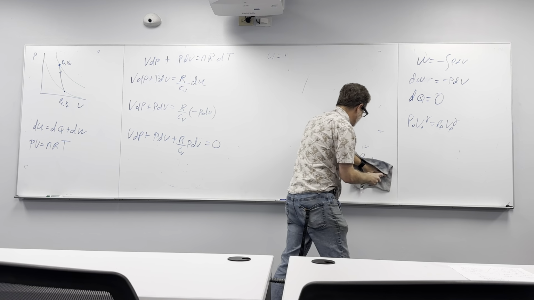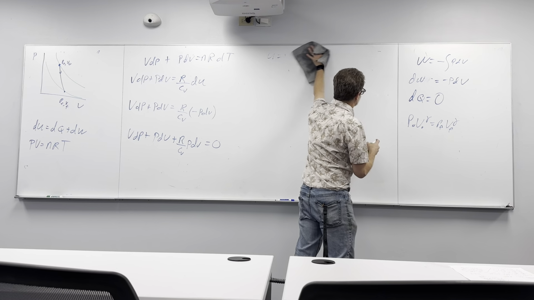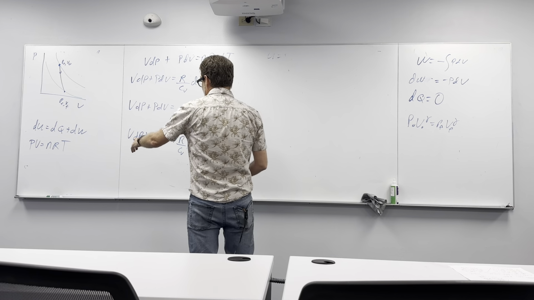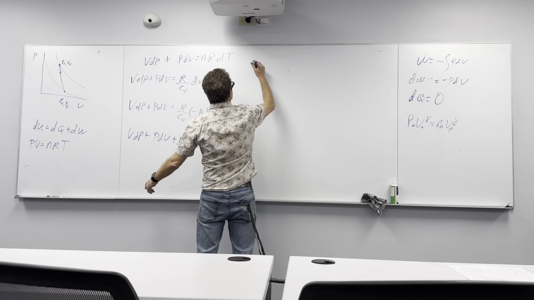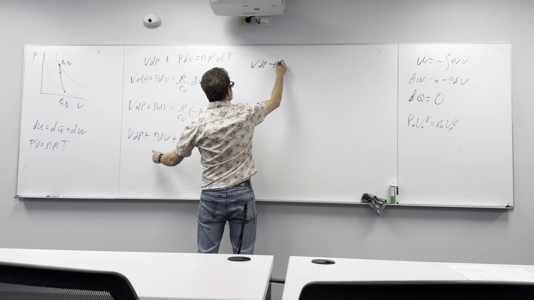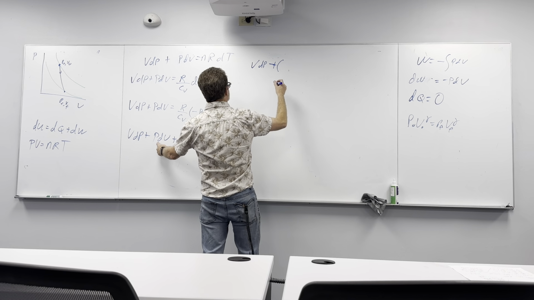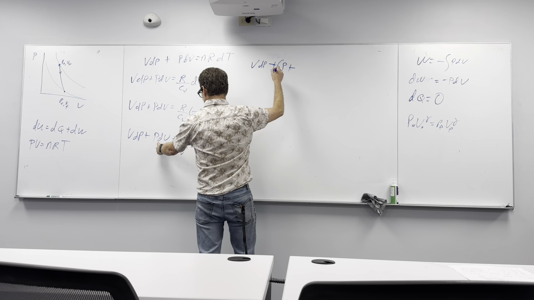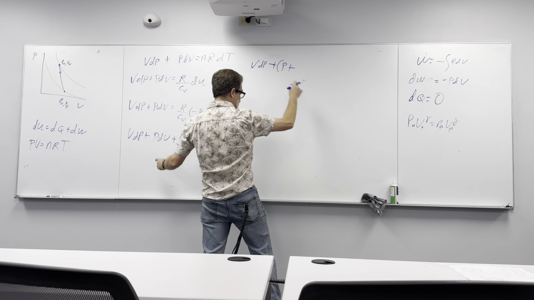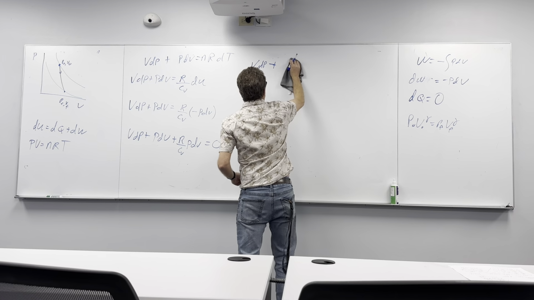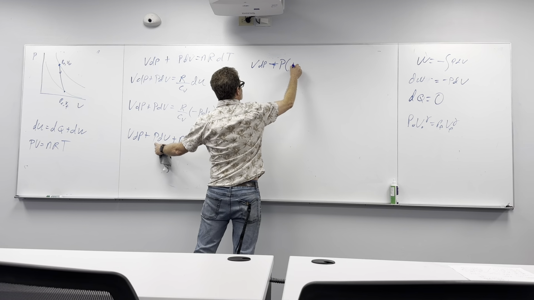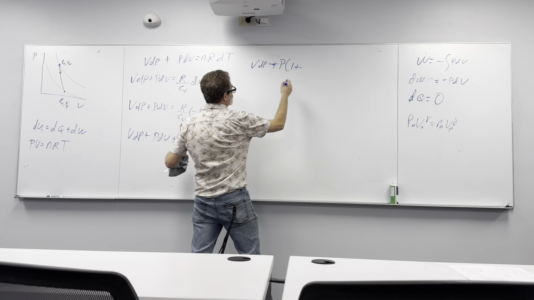When you take a whole class on it, which is in everybody's degree plan. So, okay, V dP plus, I get a P plus an R over CV. Oh, I can factor out a P too, can't I? P times 1 plus R over CV.